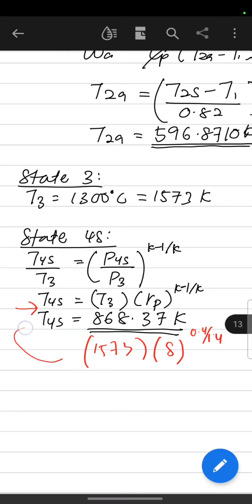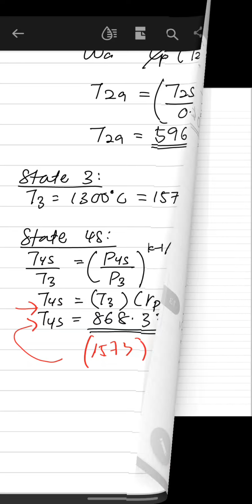Then only you come back to this value over here, right? Please do not skip this step. I made a mistake over here in that I left this step out, so when solving on your own, please include this step. So in the next part we are going to look for T4A.